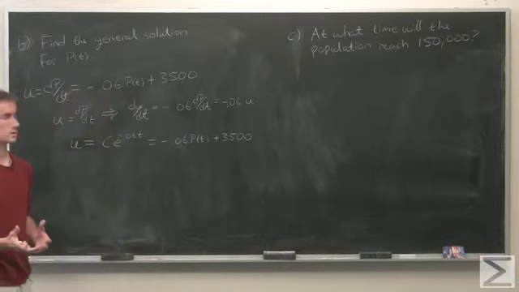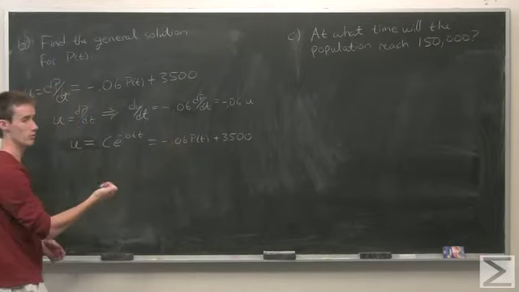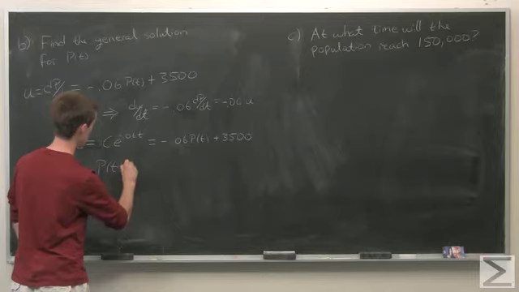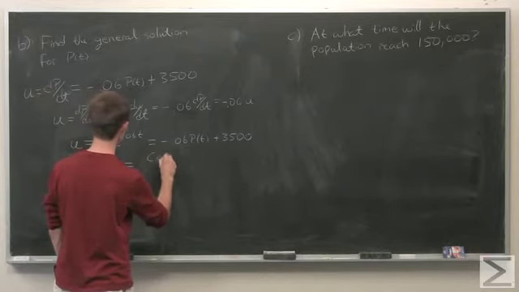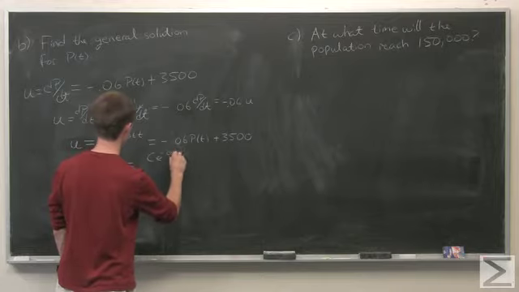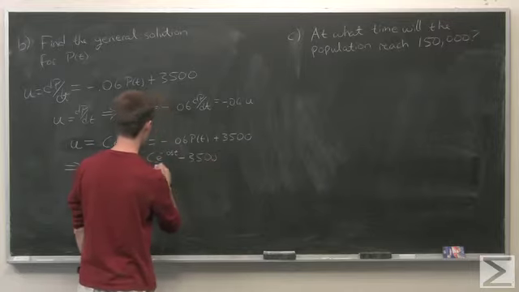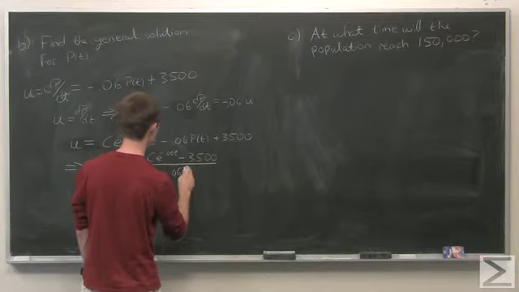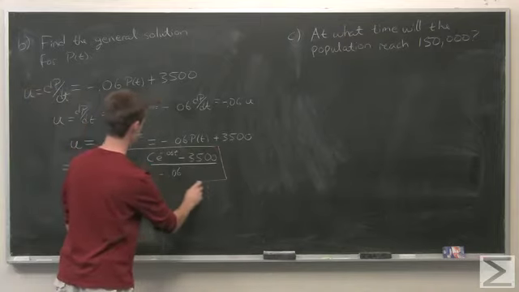So now we can use these two parts of this equation here to solve for P of t. We have P of t equal to c times e to the negative 0.06 t minus 3,500 over negative 0.06. So here we get the general solution.